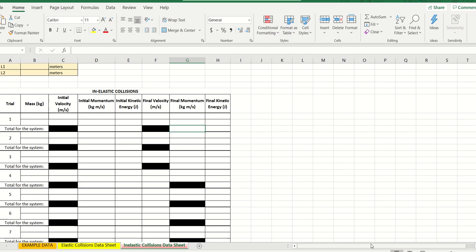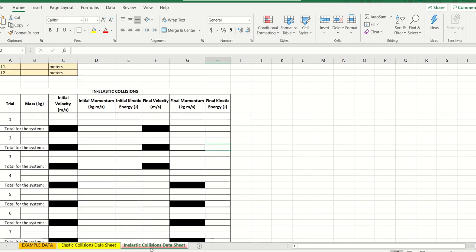That's 10 different experiments. But what you'll see is that the initial kinetic energy is not going to be equal to the final kinetic energy. And that's because in inelastic collisions, energy is not conserved. However, the momentum will always be equal. This number, the total momentum initially, will be equal to the total momentum after the collision. Final kinetic energy and initial kinetic energy, those are not going to be the same for the inelastic.